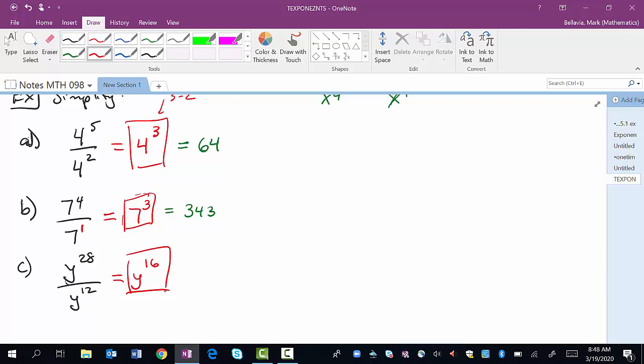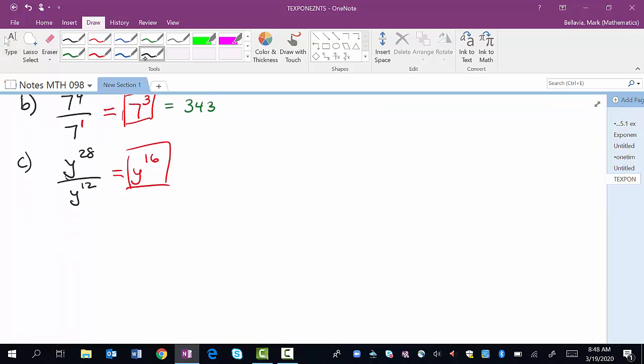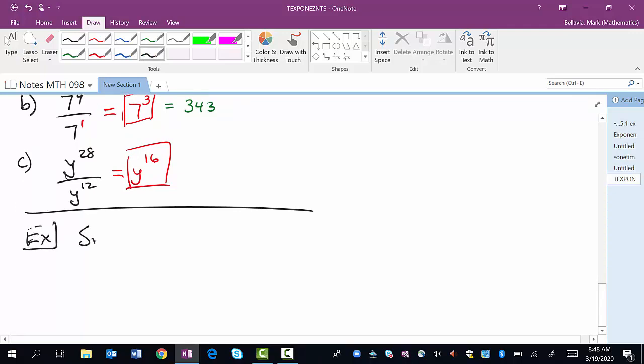All right, so now we'll use that rule to help us come up with the next rule that we're going to use. So if I gave you this example here, let's simplify x to the 5th power over x to the 7th power.